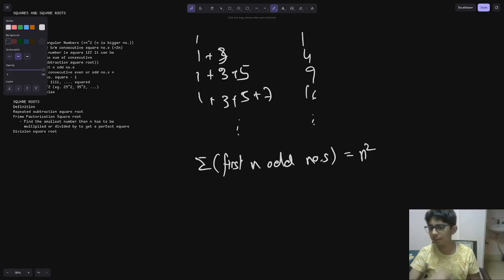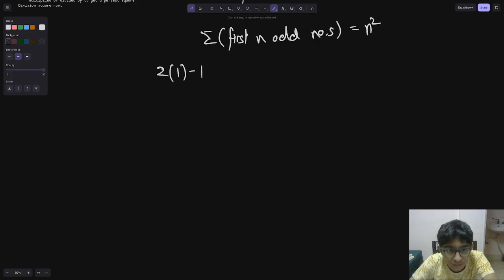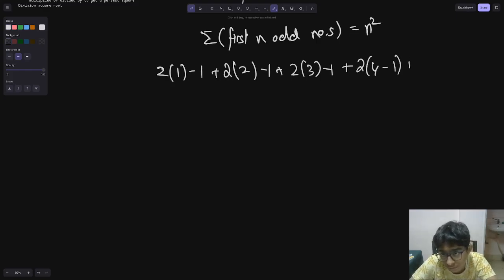Now how can we prove this? This is a little harder indeed. Okay, so the first odd number is 2 times 1 minus 1, plus 2 times 2 minus 1, plus 2 times 3 minus 1, plus 2 times 4 minus 1, plus so on, 2 times n minus 1.